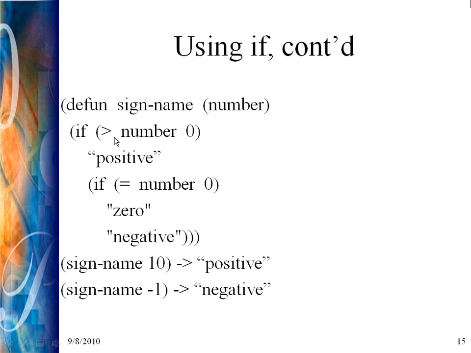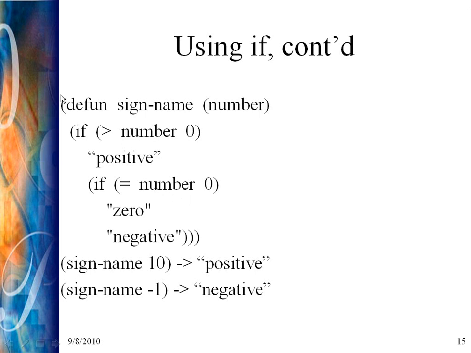If number is not greater than 0, then test if number is equal to 0, return 0. Now, if number is neither greater than 0 nor equal to 0, then we know it's negative, and so we don't have to do another test here. We don't have to test that number is less than 0. We know that has to be true because those are the only 3 possibilities.